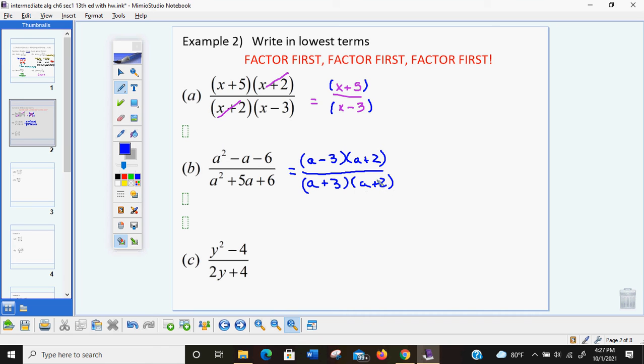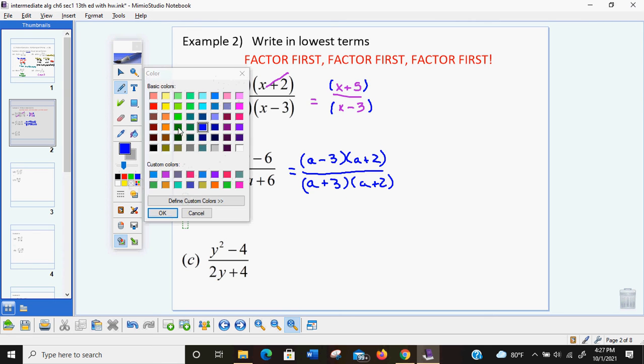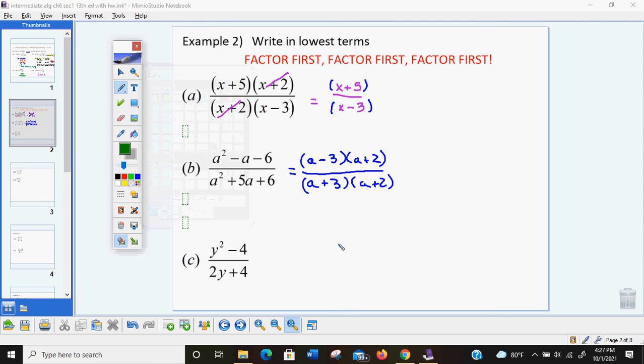Okay, factor the top first, then go to the bottom, factor the bottom. You want to do it separately. Then after you've factored both, then you look at it. You say, okay, is there anything that matches? Well, these don't match. One's minus, one's plus. The a plus 2's do, though, and we can cancel this out. Then we're left with a minus 3 over a plus 3.